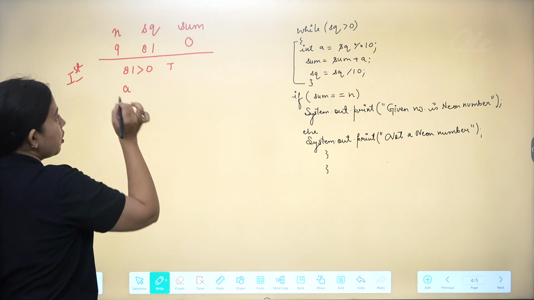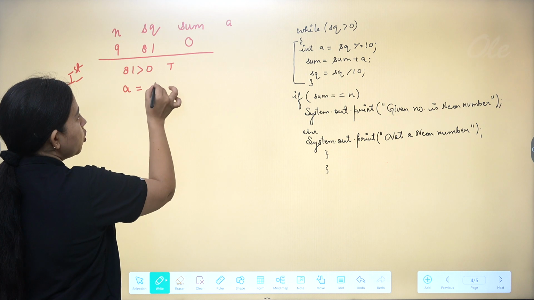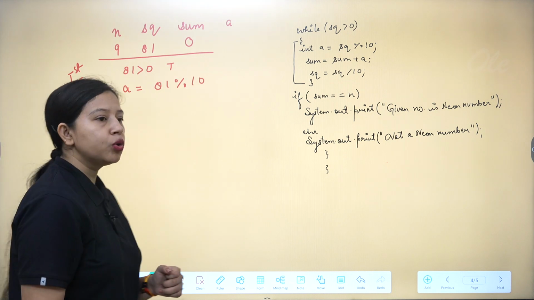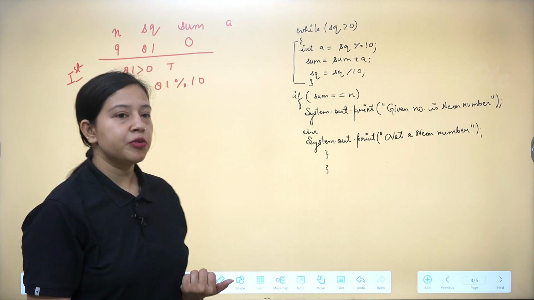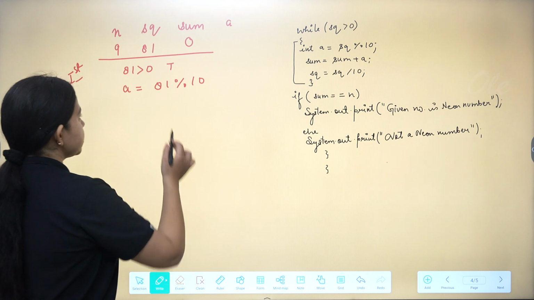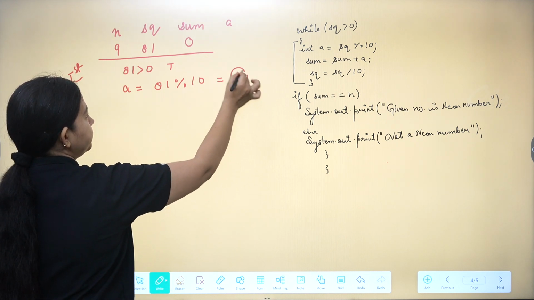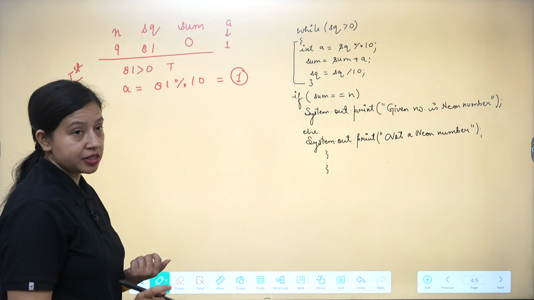What are we finding out? We find the variable a over here, which is going to hold 81 modulus by 10. Many times I told you, whenever we perform a modulus operation by 10, we get the last digit. So we get 1 over here. So the current value of a will be 1 for the first iteration.